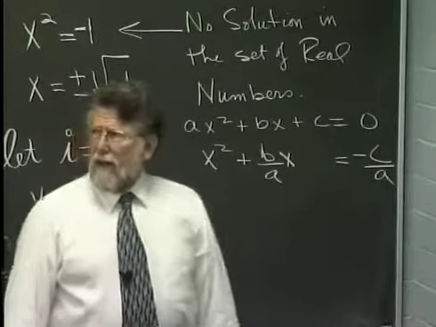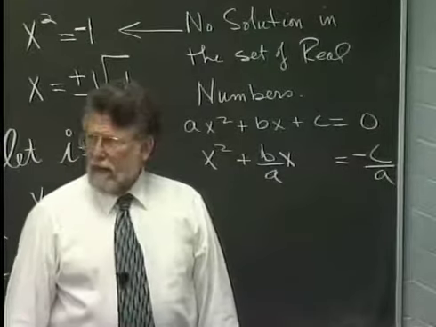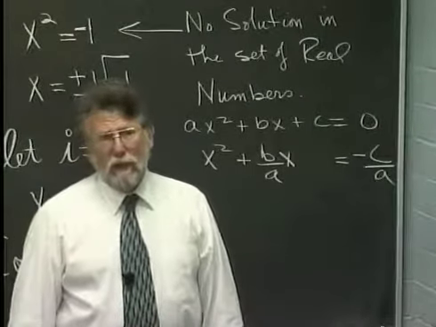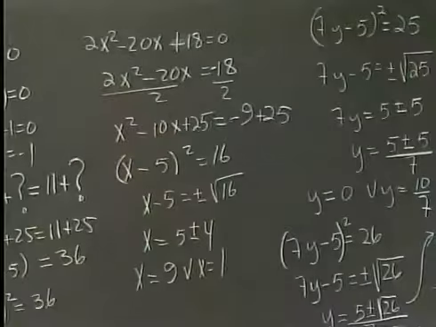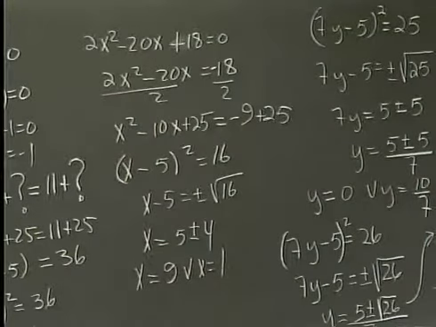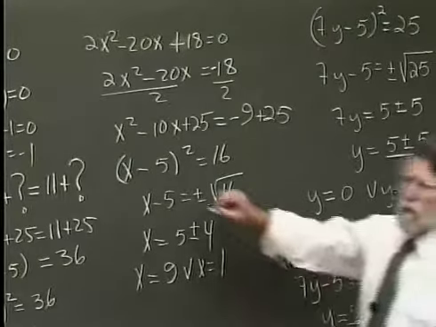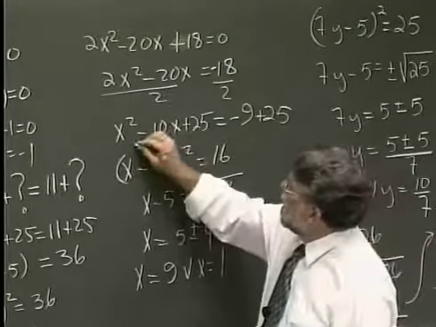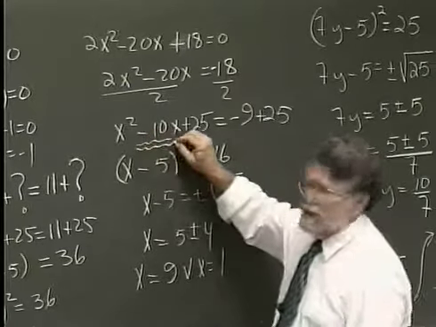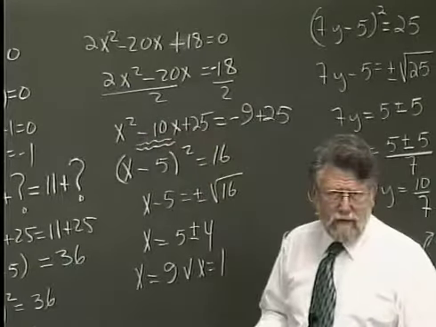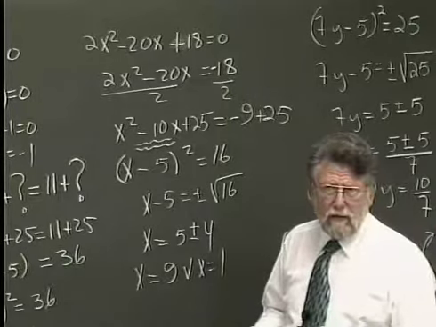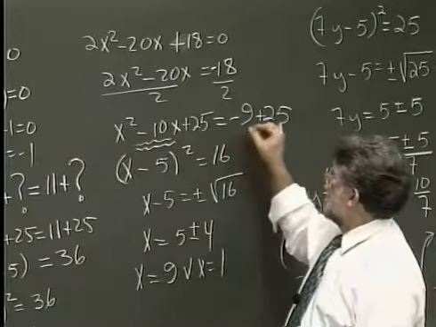Okay, back to the other problem we were at on the other panel, which was the 2x squared minus 20x, etc. Once I had x squared by itself, then I did what here? I took this coefficient divided by 2, squared that number, and added it to both sides.